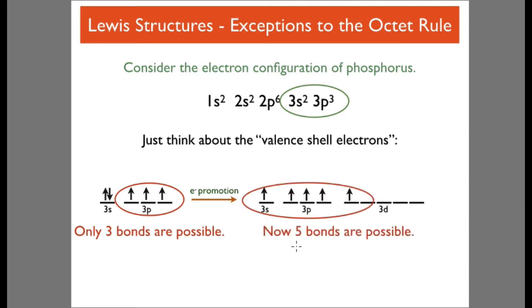We're able to make 5 bonds. 5 bonds are possible because of the electron promotion into the 3d sublevel. HL students, there is an additional step that you learn about later on to do with hybridization.